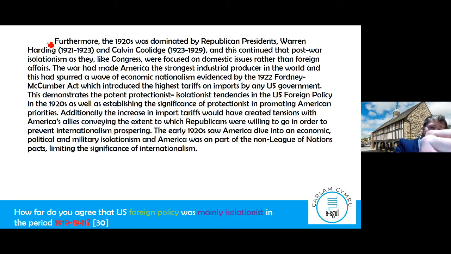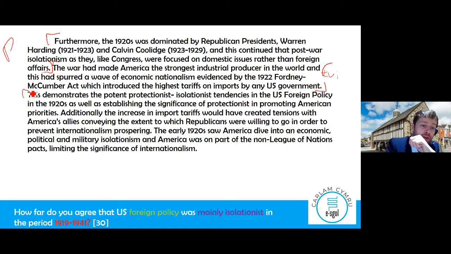So, same thing, thinking about our structure. Our first sentence creates my point. Following that, I'm using the Fordney-McCumber Act to give some evidence behind my suggestion. My first paragraph was thinking about non-interventionism. This paragraph is thinking about protectionism, another element of isolationism.